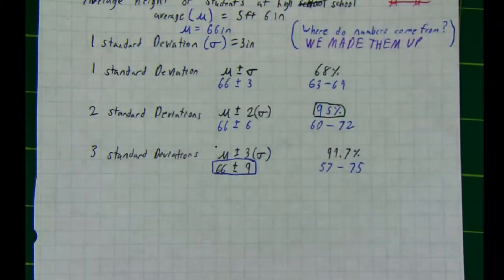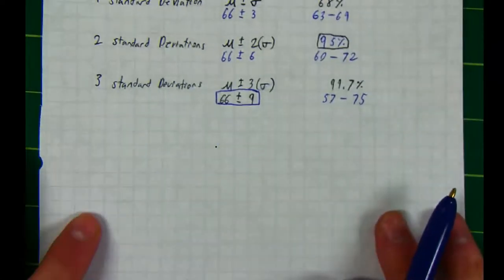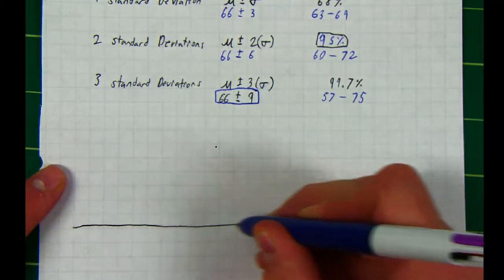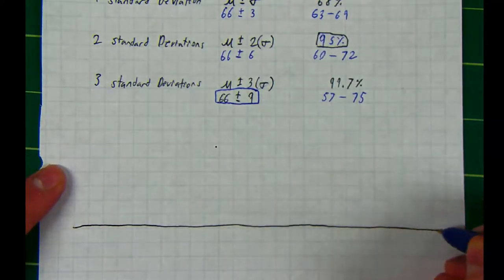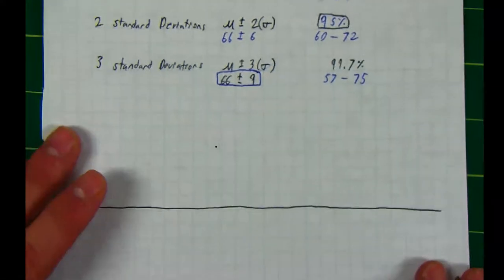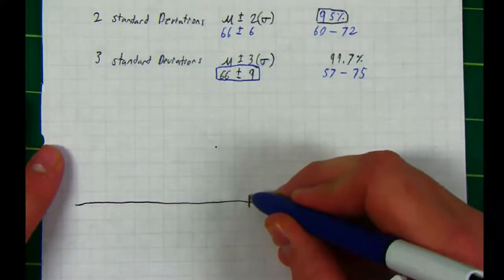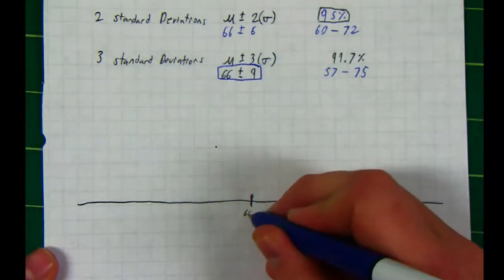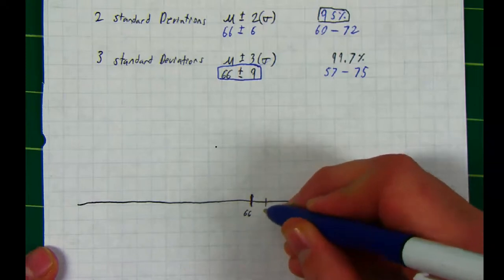So let's put this in picture form. I want y'all to skip several lines for me. This is the last thing we're going to draw. Draw yourself a number line, and right in the very middle of this number line, let's write our average. What is our average? 66. And then, of course, this is 67.